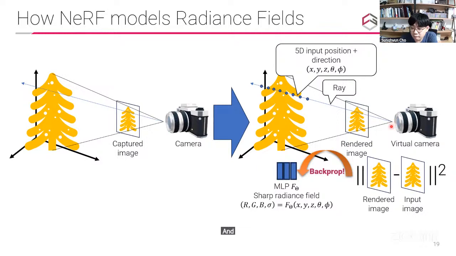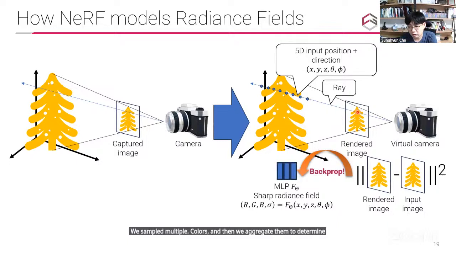Using this virtual camera, we can render an image like this by casting rays from the center of projection. Along this ray, we sample multiple colors, and then we aggregate them to determine the pixel value at a particular pixel on this rendered image.